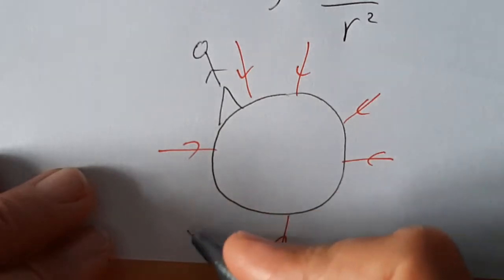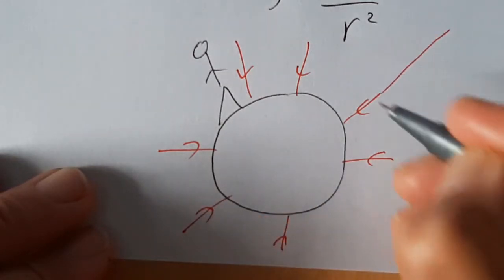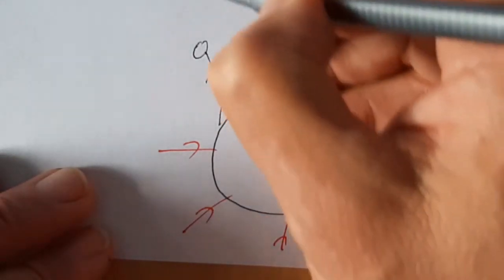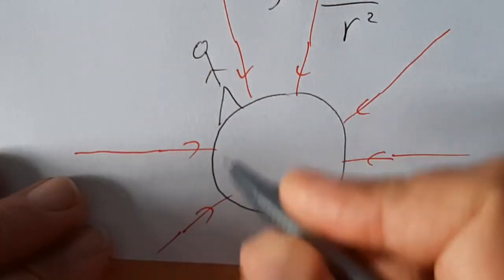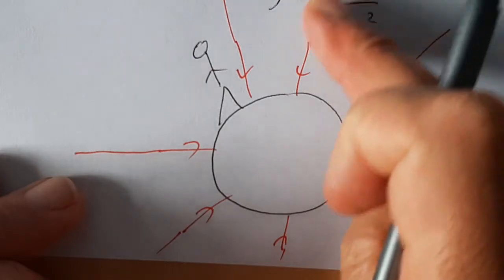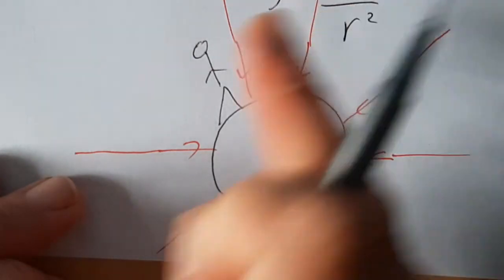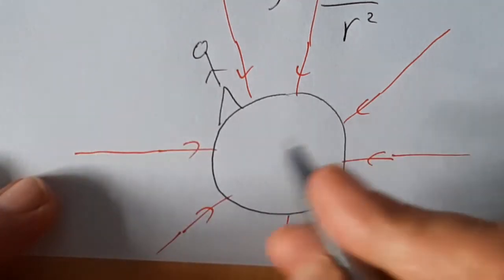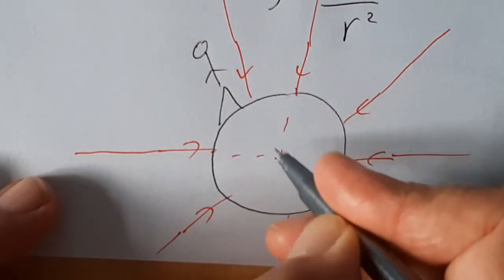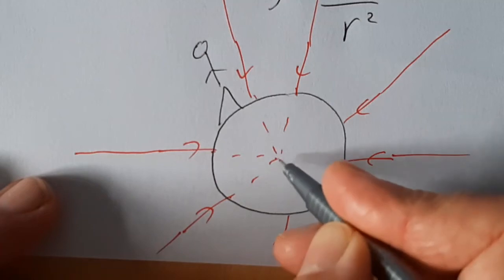As you can see, as we go further from Earth, the field lines are further apart, aren't they? So that indicates that out here the field is weaker, and the equation says the same thing. So this isn't a uniform field, and because all these lines are heading towards the centre of the Earth, this is called a radial field.